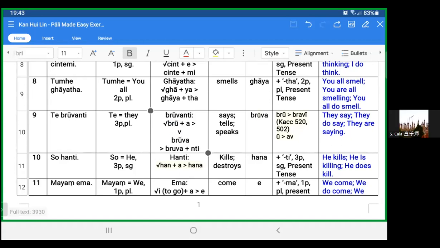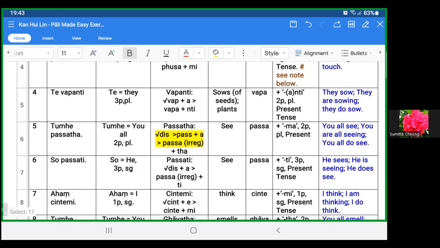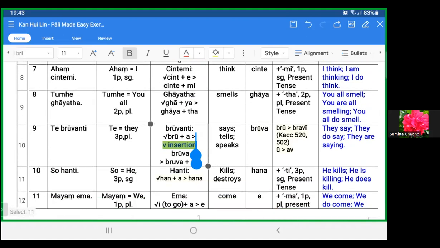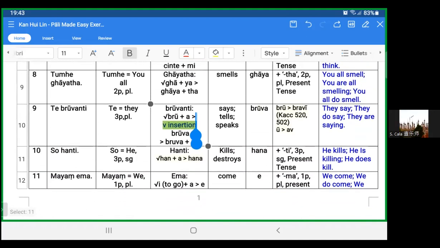Because you see the u and v are very near. So bu a becomes buva. Okay. So we call this v insertion. For this kind of special case, you can just highlight it, so next time you will remember. And then the bru also has to be a long u. Long u. Oh yeah, bru.